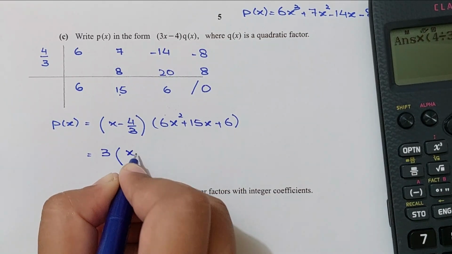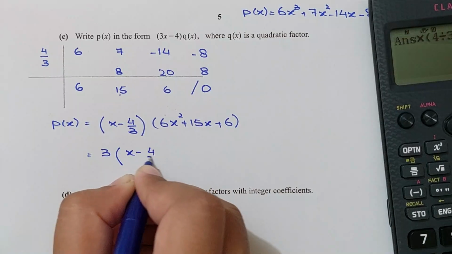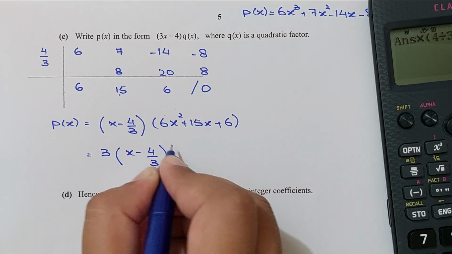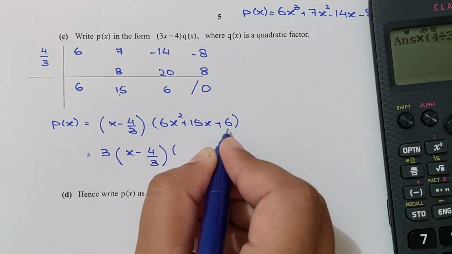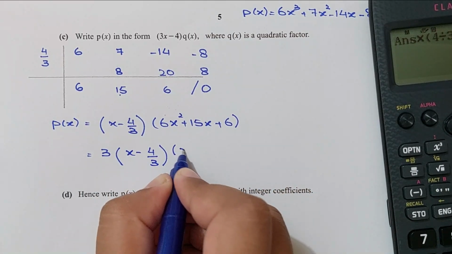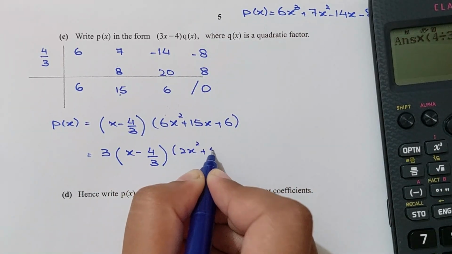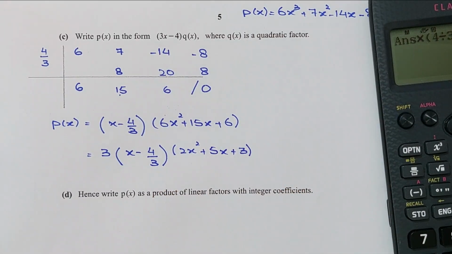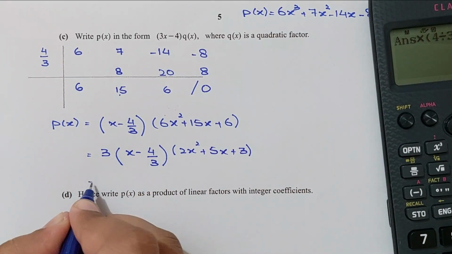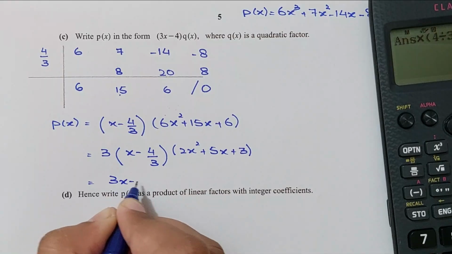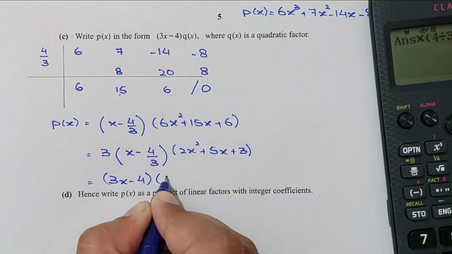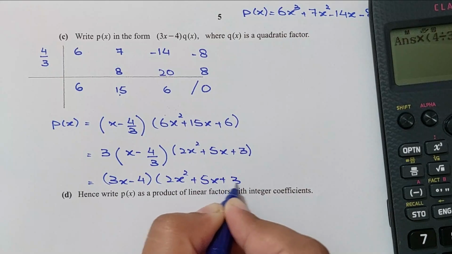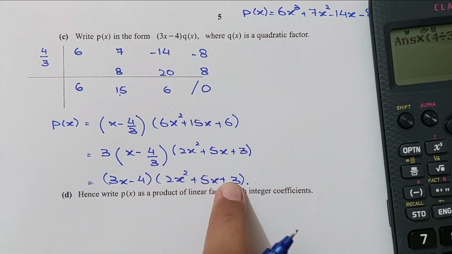So we have x minus 4 by 3, and 3 is common, I'm taking from here, which is 2x square plus 5x plus 2. Now let me multiply 3 inside the bracket, which is 3x minus 4 into 2x square plus 5x plus 2, right? This is a quadratic factor.